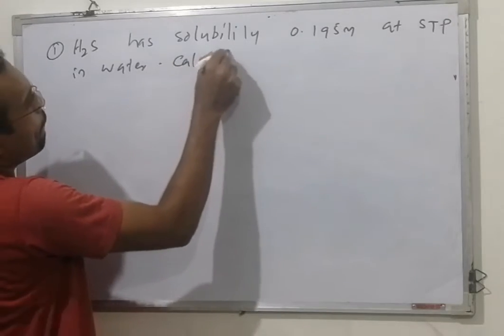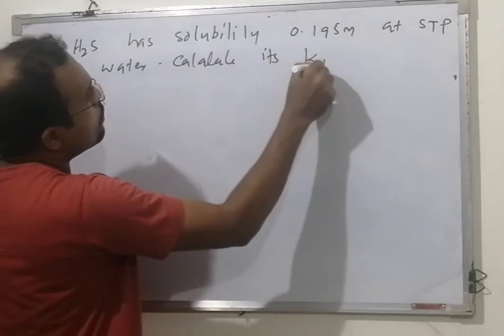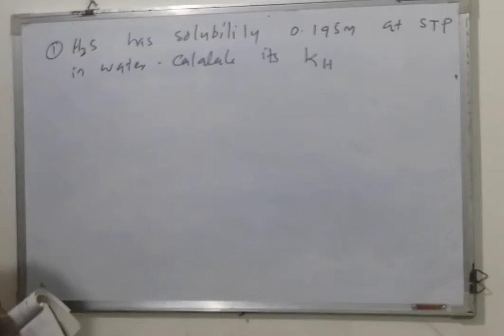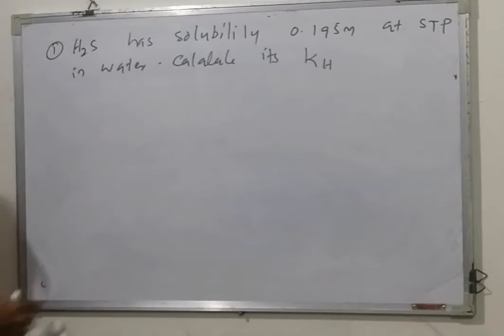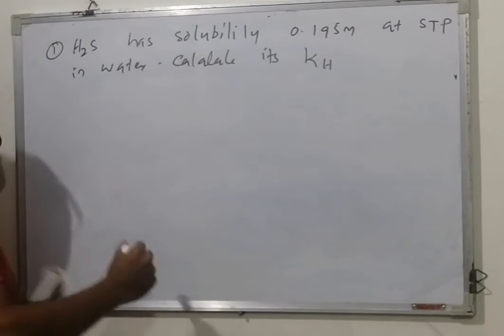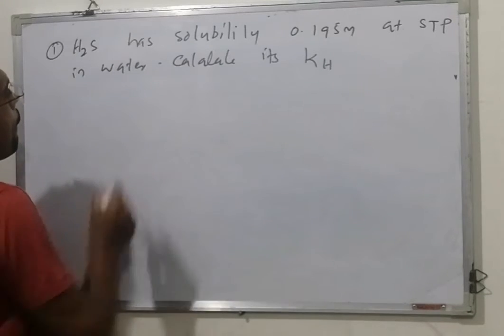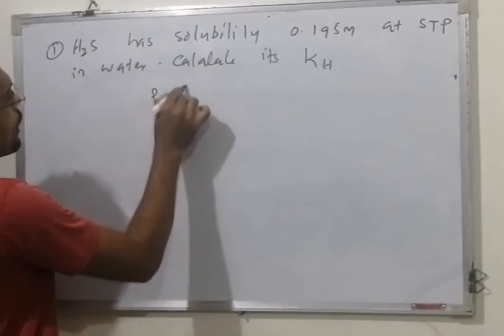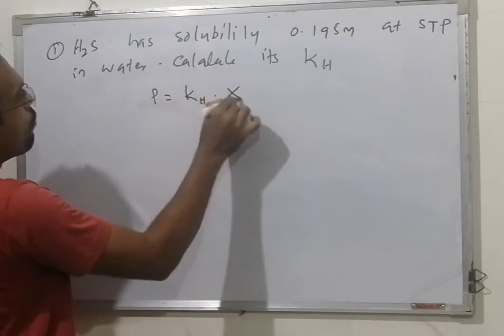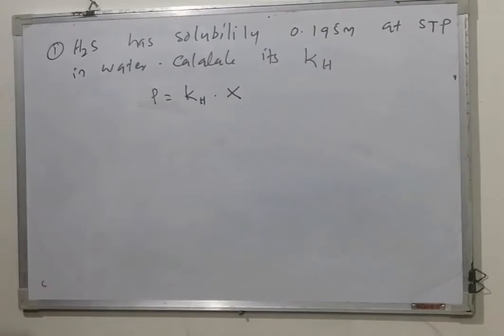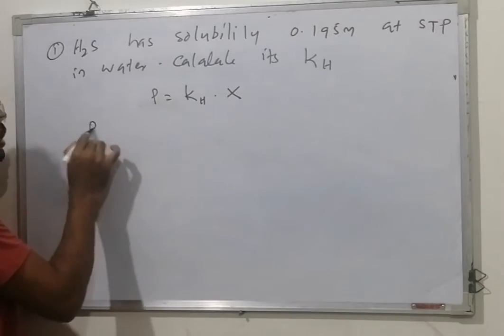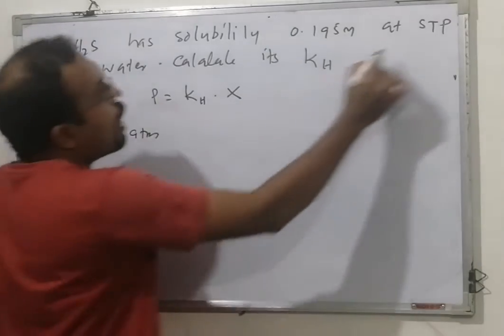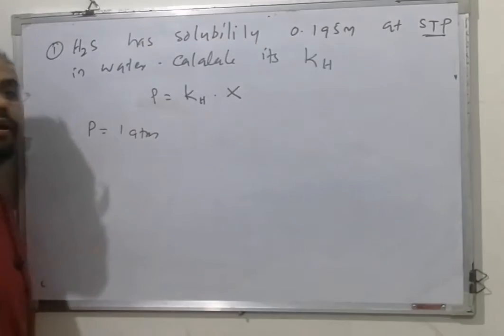Calculate its KH value. Our relation is P is equal to KH into mole fraction. P is 1 atm because at STP pressure is 1 atm.